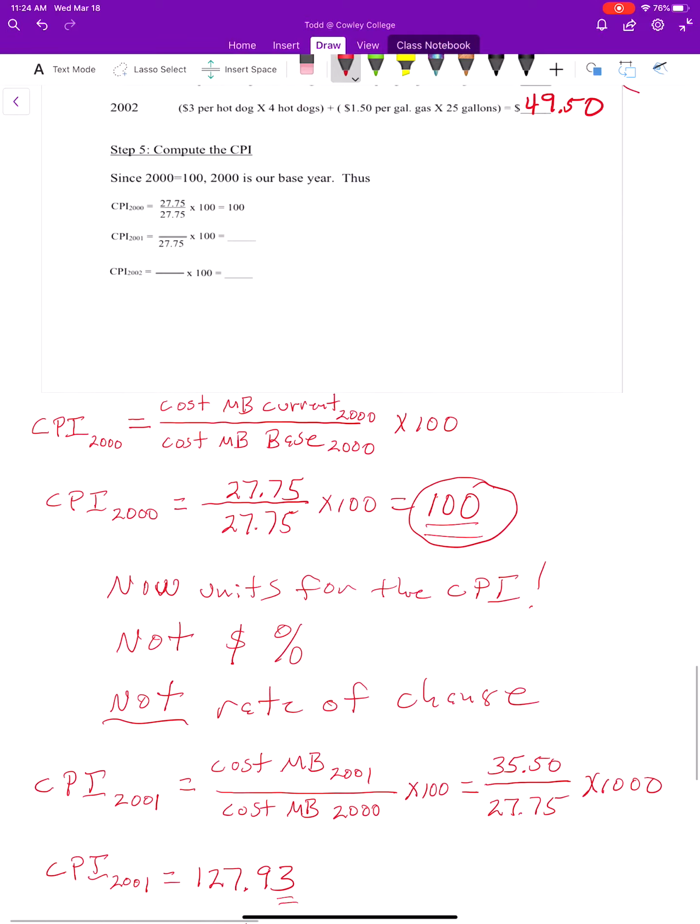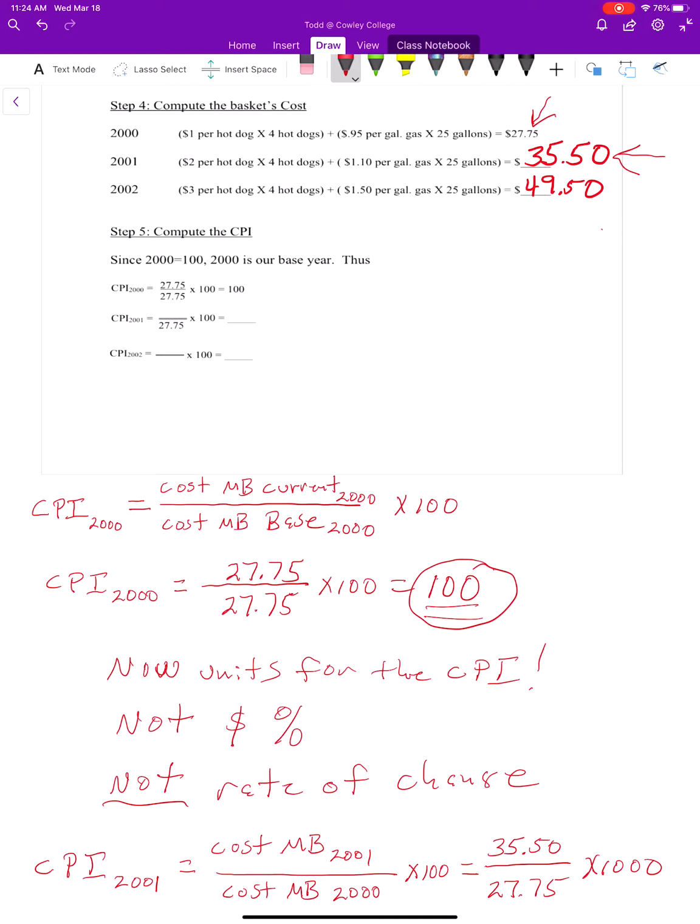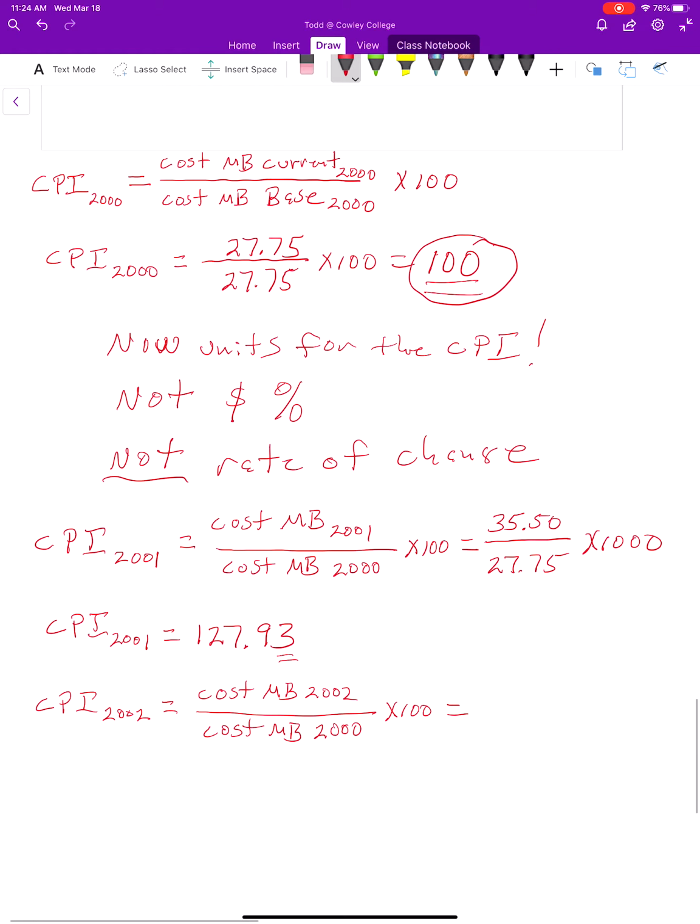The cost of the market basket in 2002, we said, was $49.50. So $49.50 divided by the cost of the market basket in your base year, which is still $27.75, multiplied by 100. So the Consumer Price Index in 2002 is going to be equal to, all right, let me get my calculator here.